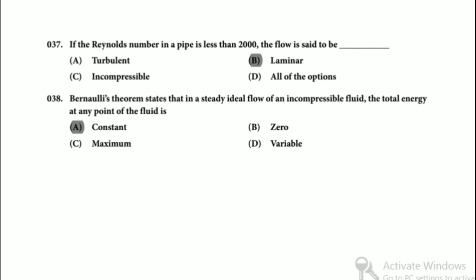And the answer should be laminar. Then question number 38, Bernoulli's theorem states that in a steady ideal flow of an incompressible fluid, the total energy at any point in the fluid remains constant. So that's the law of Bernoulli, and it means total energy remains constant. So A should be the answer.